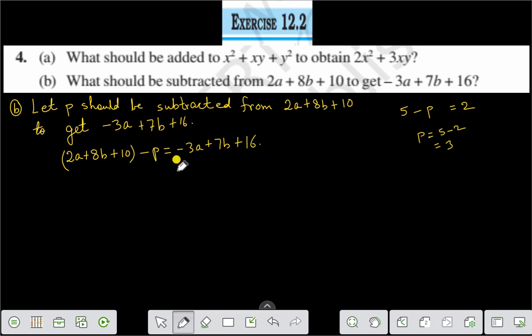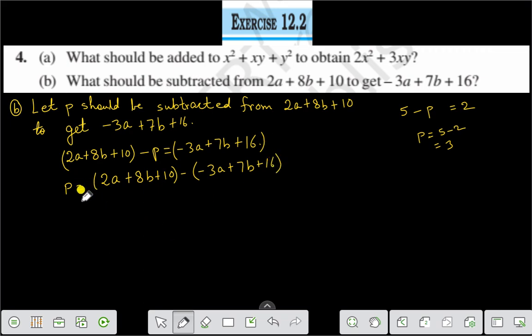Now, if we transpose this one on the right hand side, this will be changed into minus, or you can write here as p is equal to 2a plus 8b plus 10 minus, 3a plus 7b plus 16.